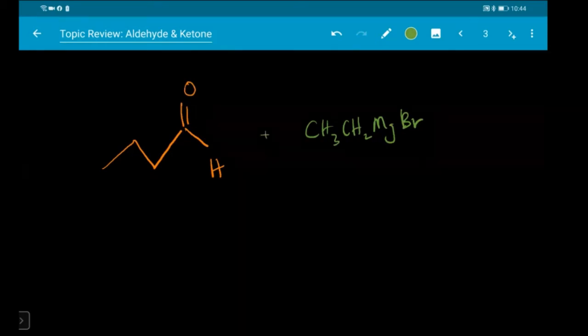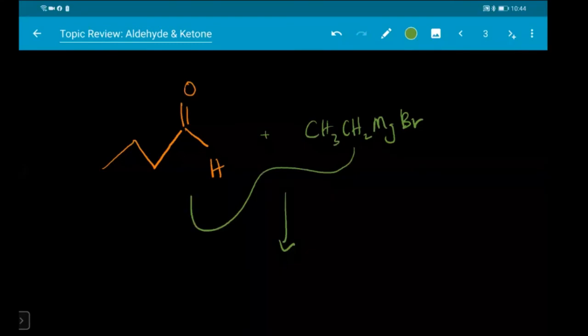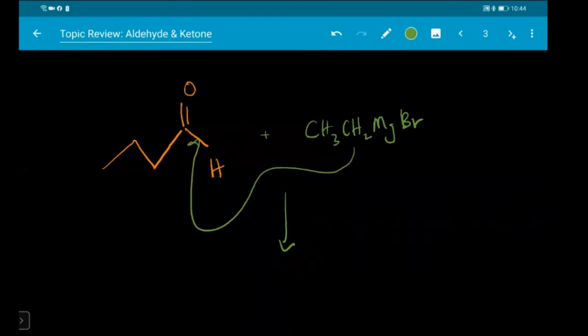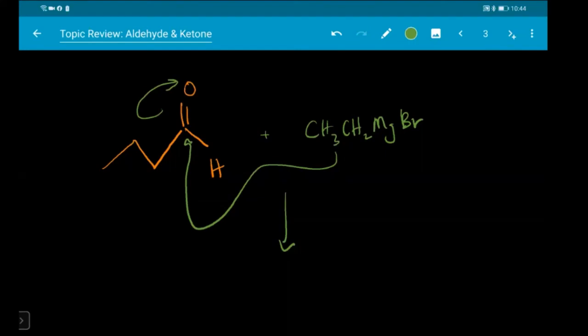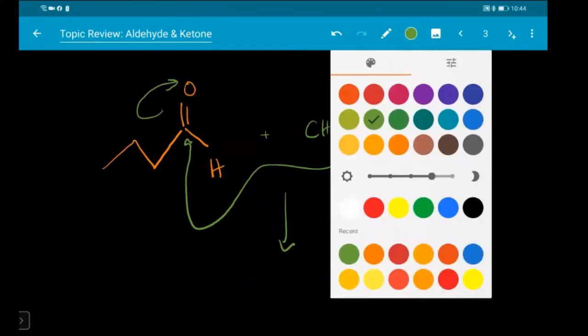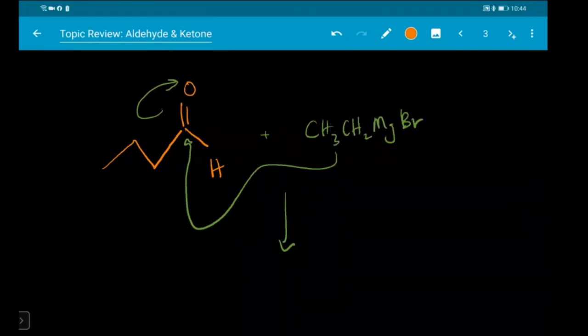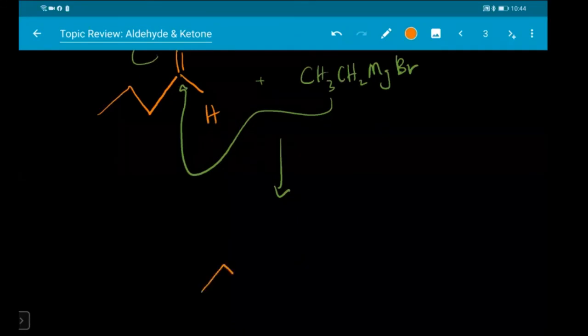Tulis ke bawah lah. So first step, CH2, CH3 will attack the double bond O. Double bond naik ke atas kepada O untuk menghasilkan 4 carbon with O. And then I just show you the H walaupun tak perlu tunjuk.